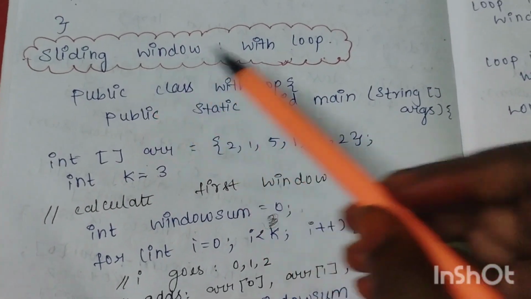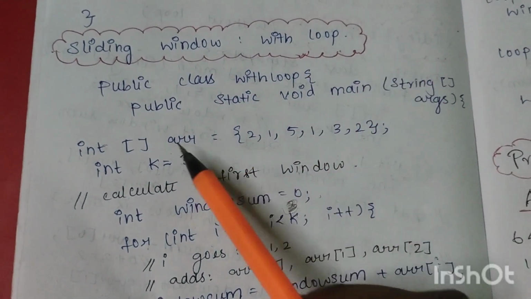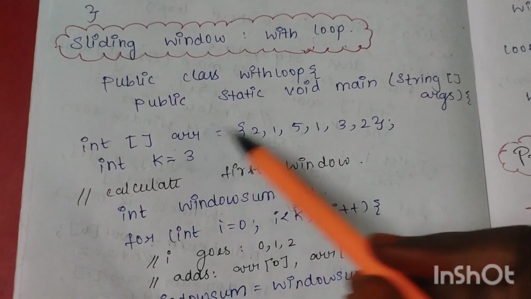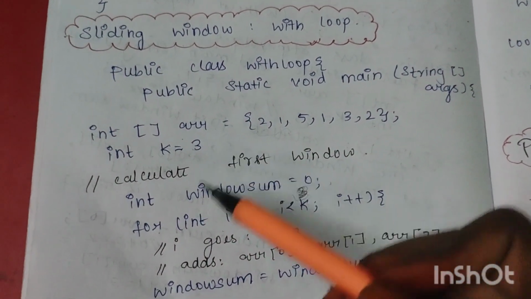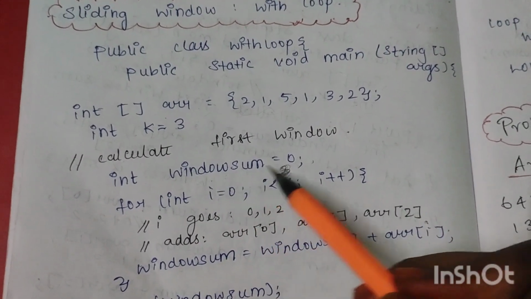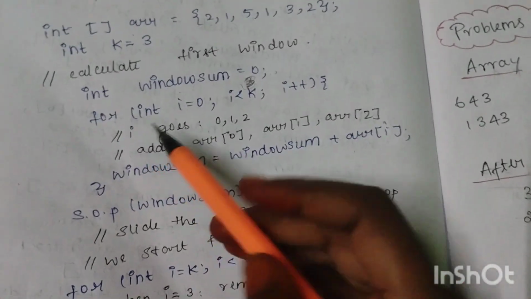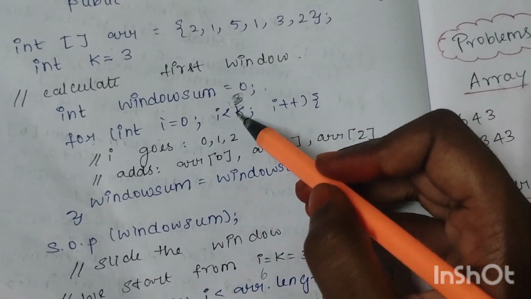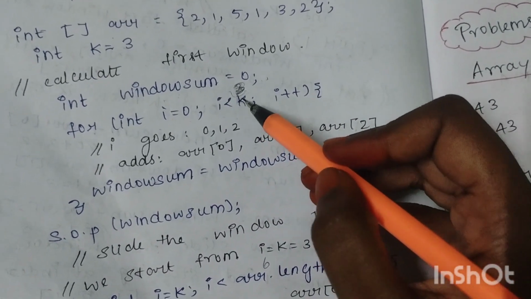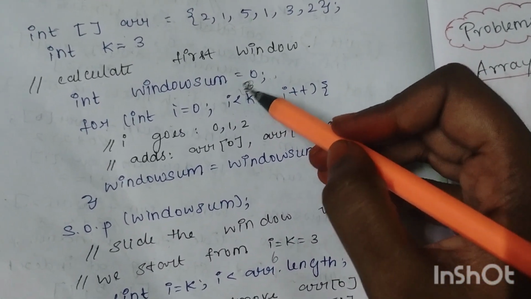Let's see the implementation using a loop. First I have initialized the array, then I have initialized the window size, then I have initialized the window sum as 0, and I have given the loop 0 to less than k, that is less than 3.